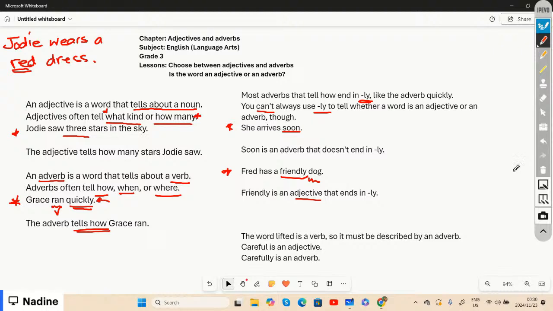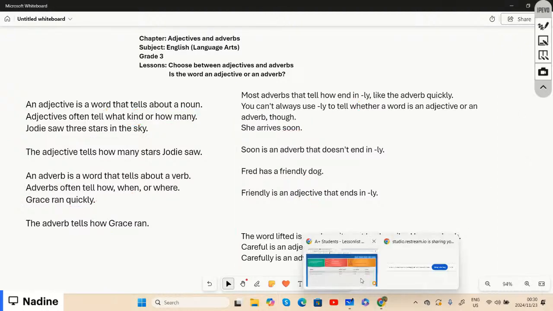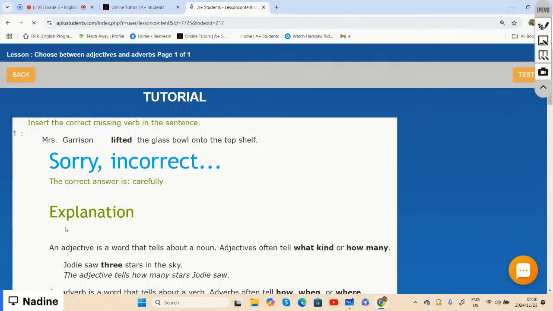All right, so now we're going to aplusstudents.ca, and we're going to choose between an adjective and an adverb.